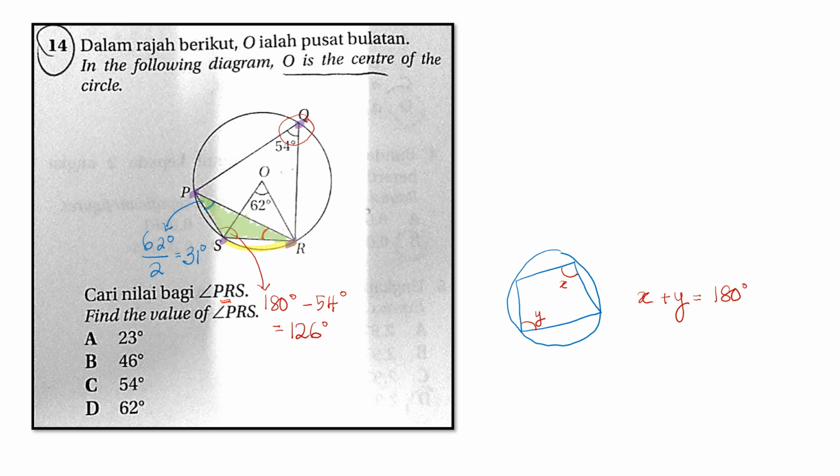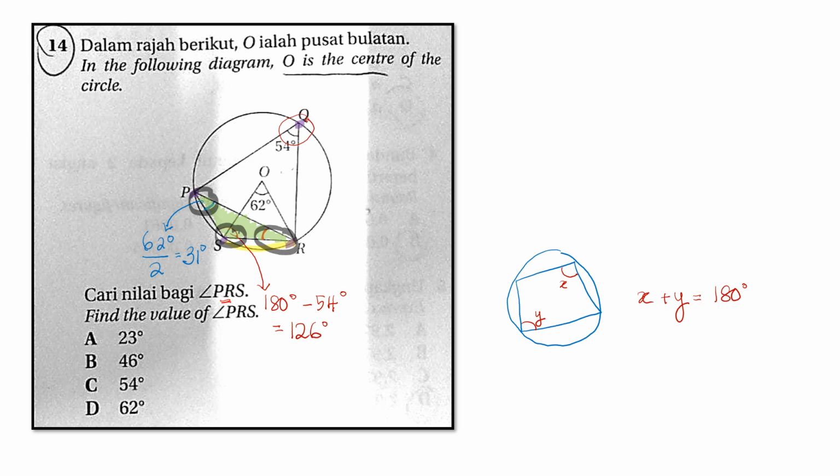All angles in a triangle sum up to 180 degrees. So that means this angle here, which is 31, plus this angle here, 126, plus the angle that we are looking for, angle PRS, they all have to sum up to 180 degrees.